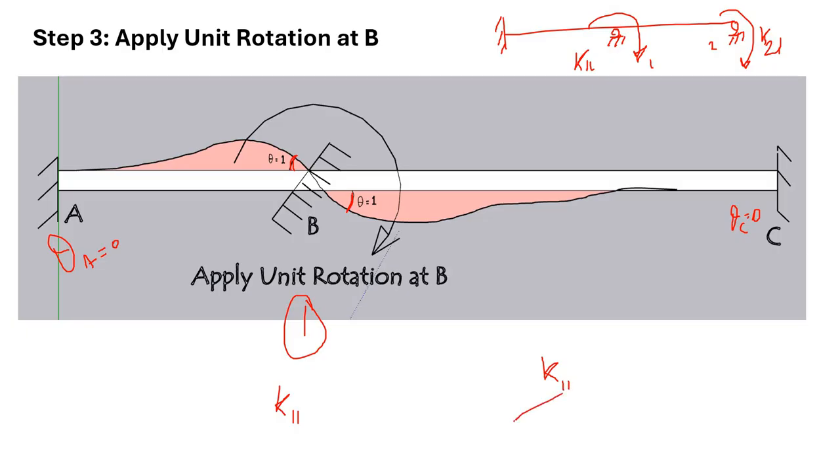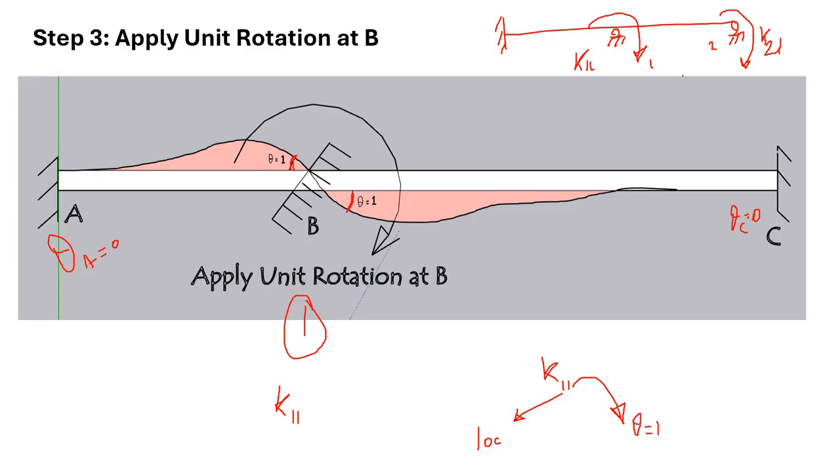The first one represents the location where you want to find out the stiffness, and the second one represents the location where you have given theta equal to 1.